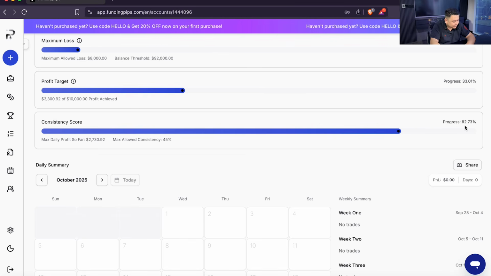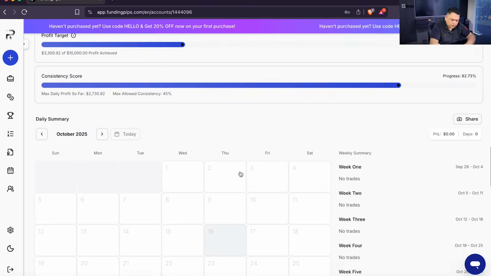I'm currently at 82.73. So in order to meet the consistency score and pass this account, I need to make more trades on a more consistent basis. I can't just make one big trade and call it a day. No, I need to make closed profits on a daily basis.